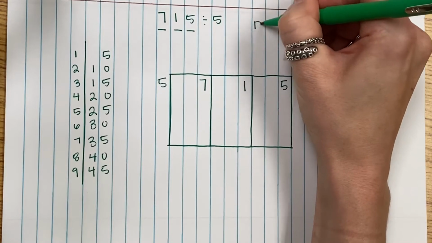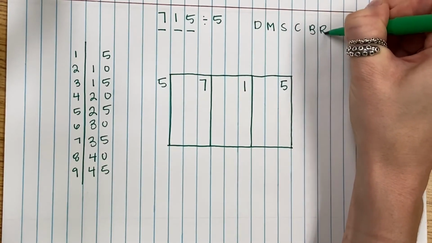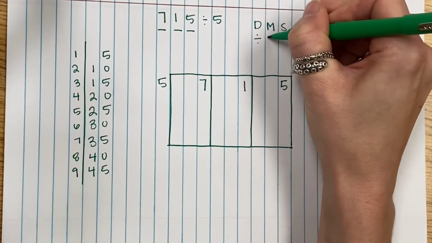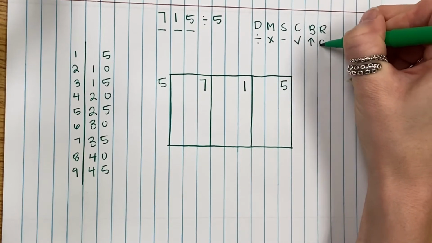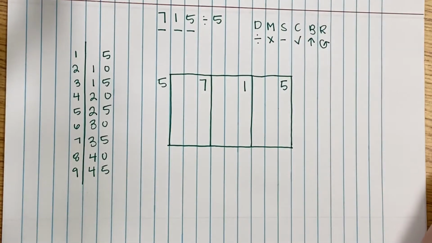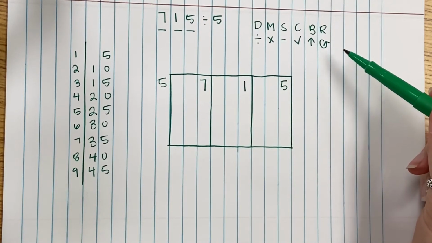So I like to use the phrase "Does McDonald's sell cheeseburgers regularly?" So let's divide, multiply, subtract, check, bring up, and repeat my steps. So now that I have my multiples as well as my division steps, now I can begin dividing.